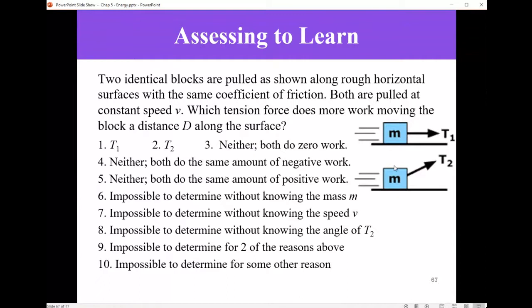Since the masses are identical, and since we are told we have the same coefficient of friction, then the tension force for this situation will be doing more work than this situation.